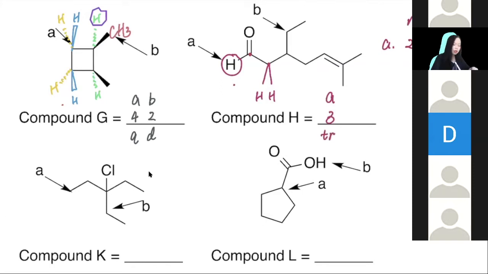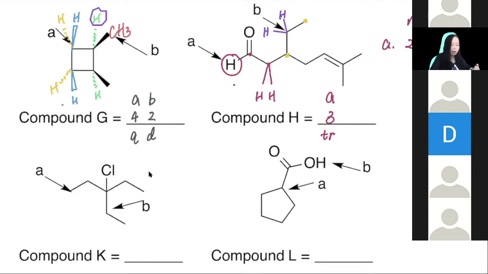B. B means the 2 protons here, and different from the protons on a ring, these 2 protons are homotopic and they should have the same peak. But let's count how many neighbors it has. The neighbor has to be the carbon next to the carbon that my proton is bonded to.